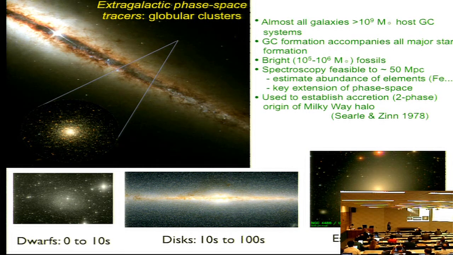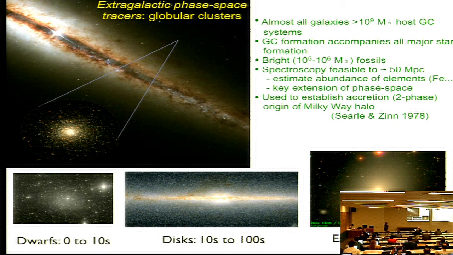And once you've formed the globular clusters early in the history of the universe, they remain as unchanging bright beacons that basically are along for the ride. They accompany and witness all the mergers and acquisitions that go on through cosmic time to build the galaxies we see today.